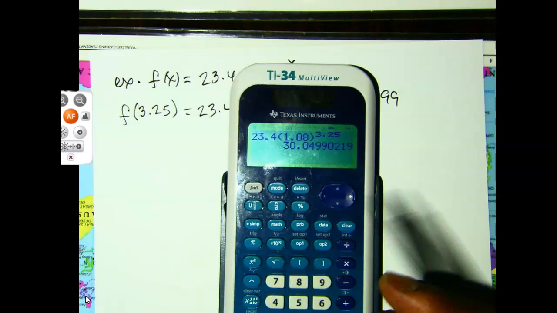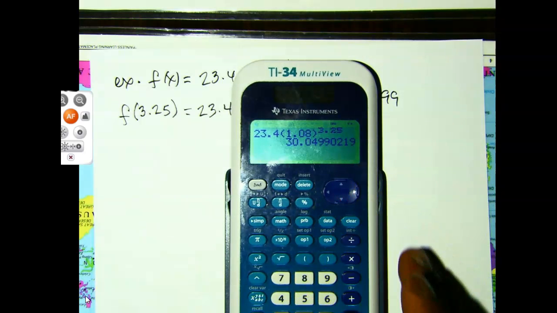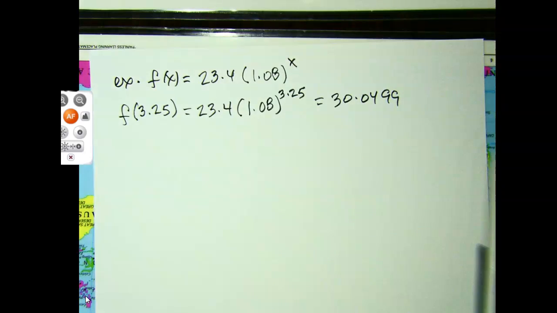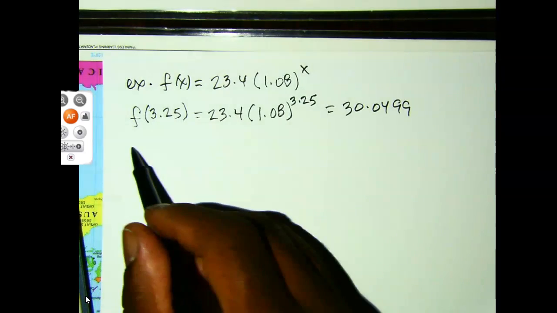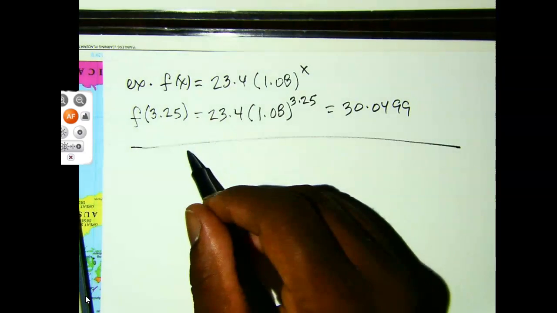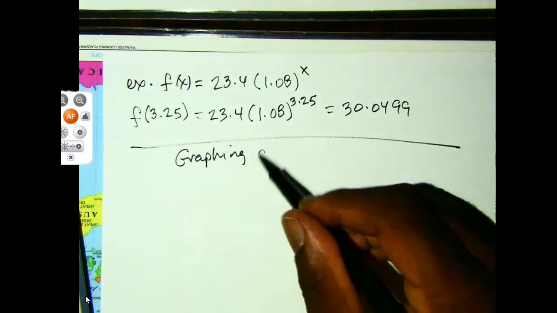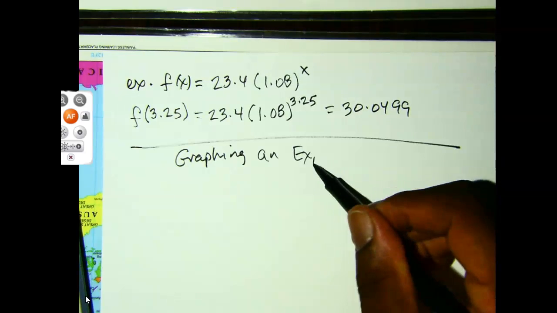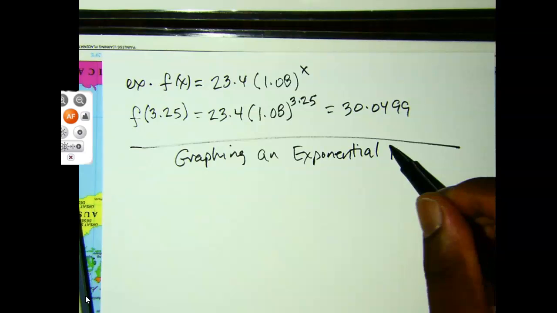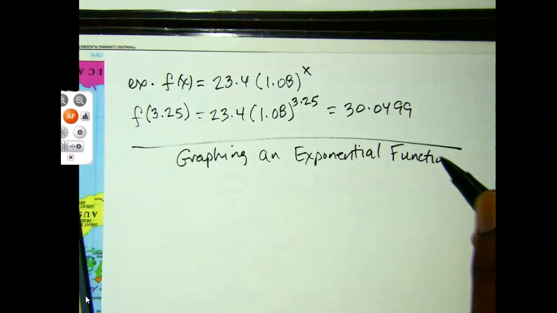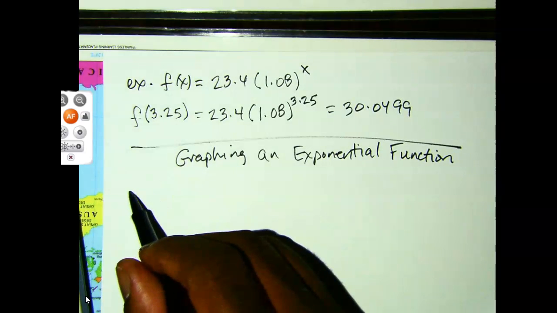Okay. So let's take a look at what an exponential function looks like graphed. And we'll start with graphing an exponential function. So we'll start with f of x is equal to 2 to the x.